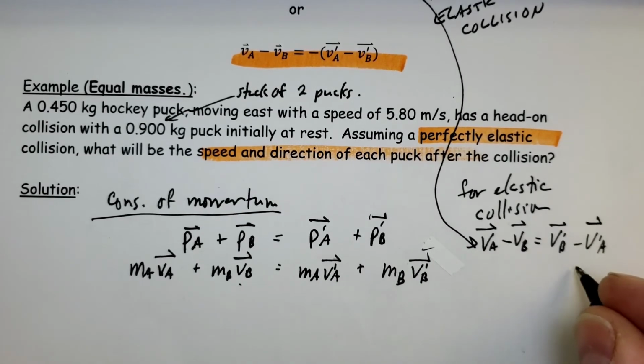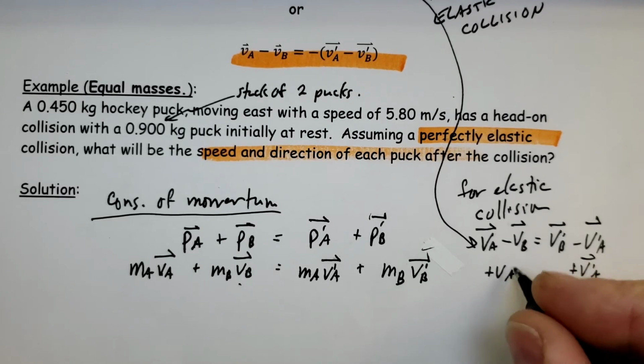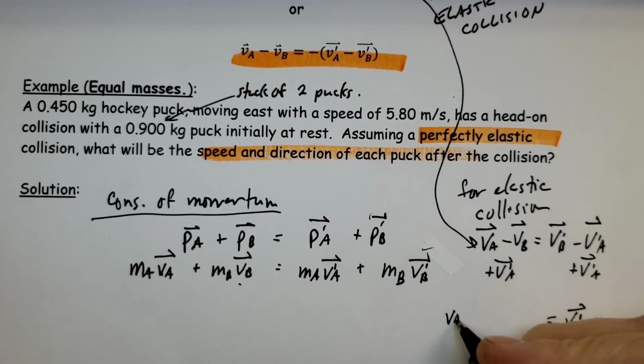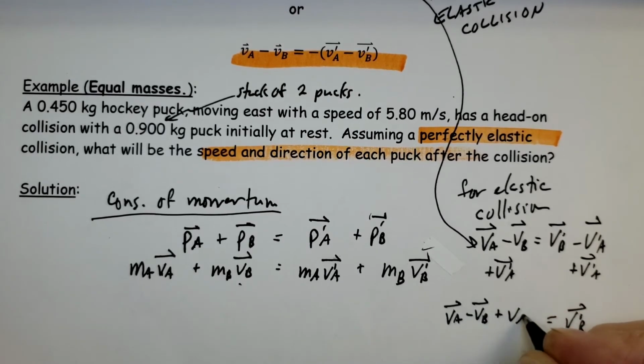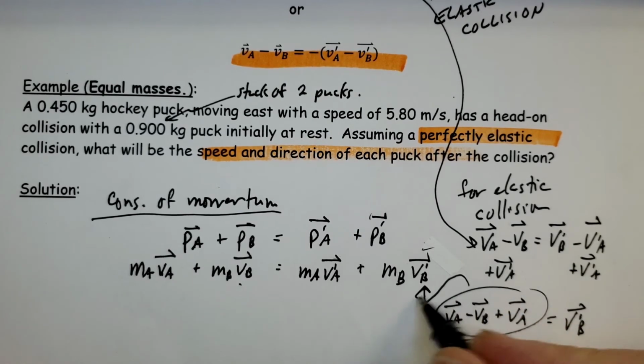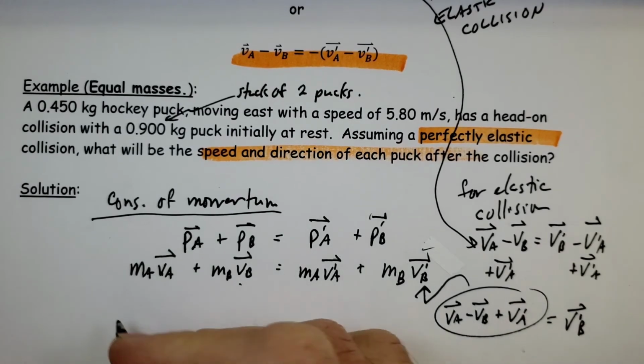What I chose to do here is isolate VB prime. So add VA prime to both sides, and I get VB prime is equal to VA minus VB plus VA prime. I have that, and I can substitute that into here, and then I'll only have one unknown, as you'll see.